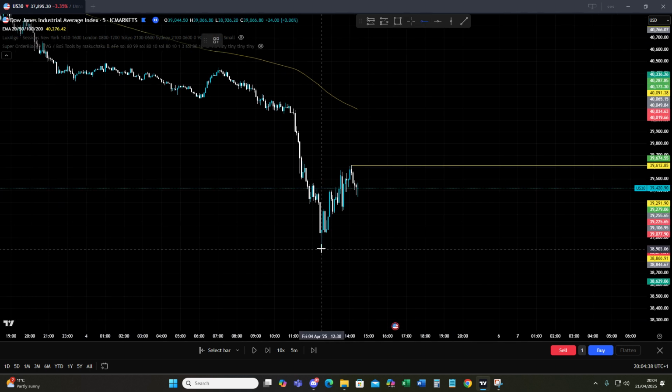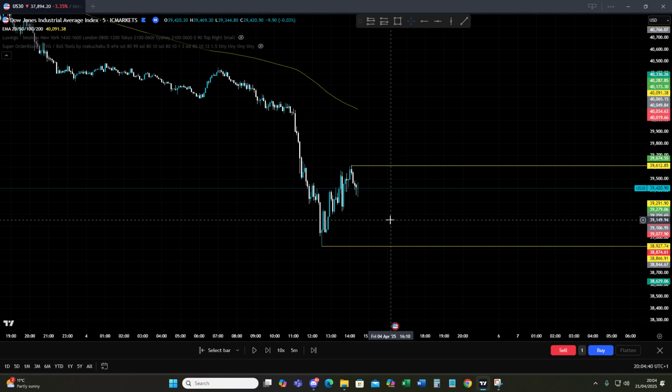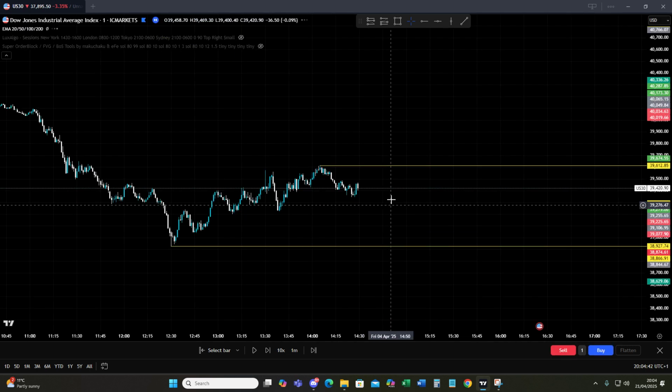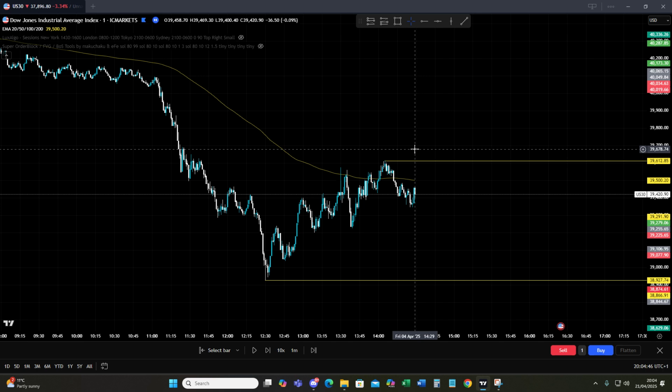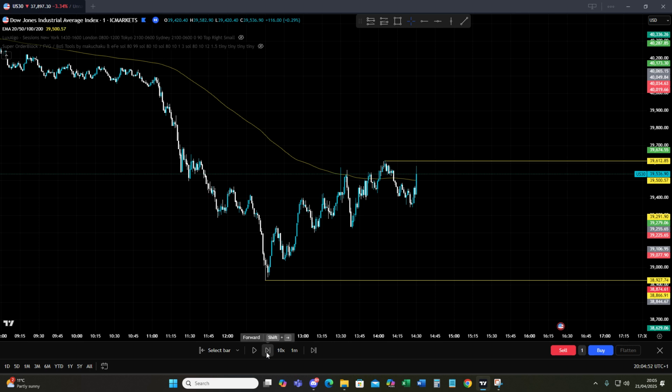Obviously, if it drops straight down, it's going to be this low that I want to see. So let's have a look. What are we at? Well, there you go, 229. 230's there.